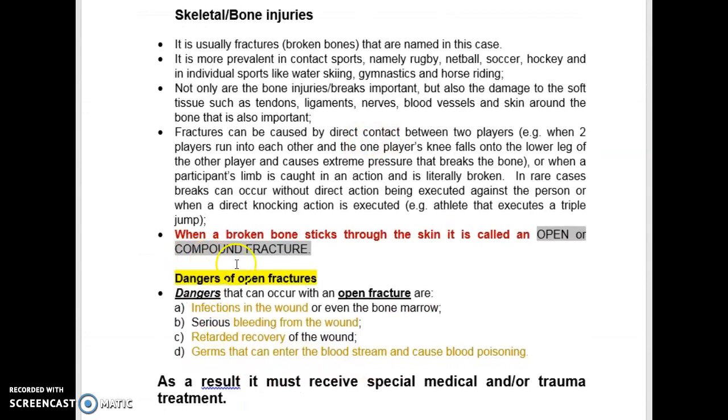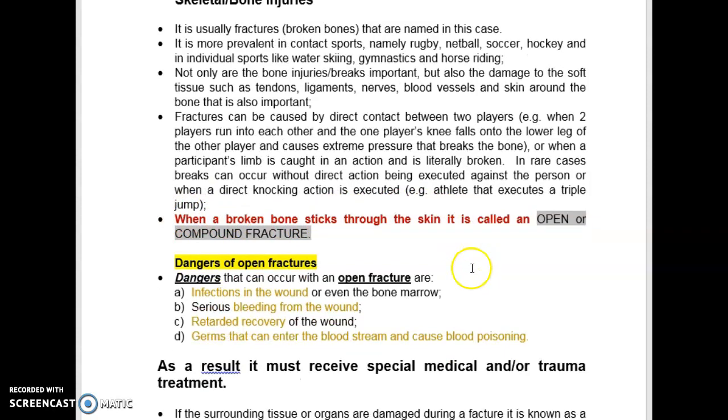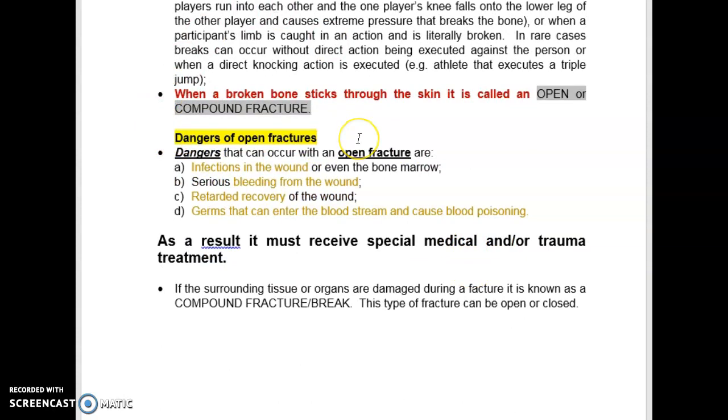Okay, when a broken bone sticks through the skin, that is called an open fracture or a compound fracture. Now, there are dangers of open fractures, and this is very important to learn because this was also in the test last time.